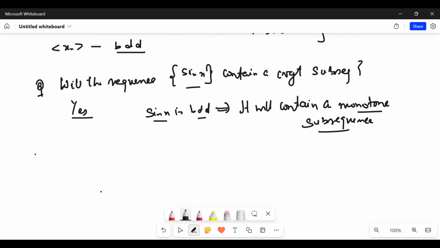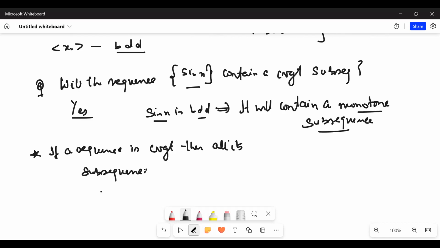Now there is yet another important result. If a sequence is convergent, then all its subsequences converge to the same limit as that of the main sequence.